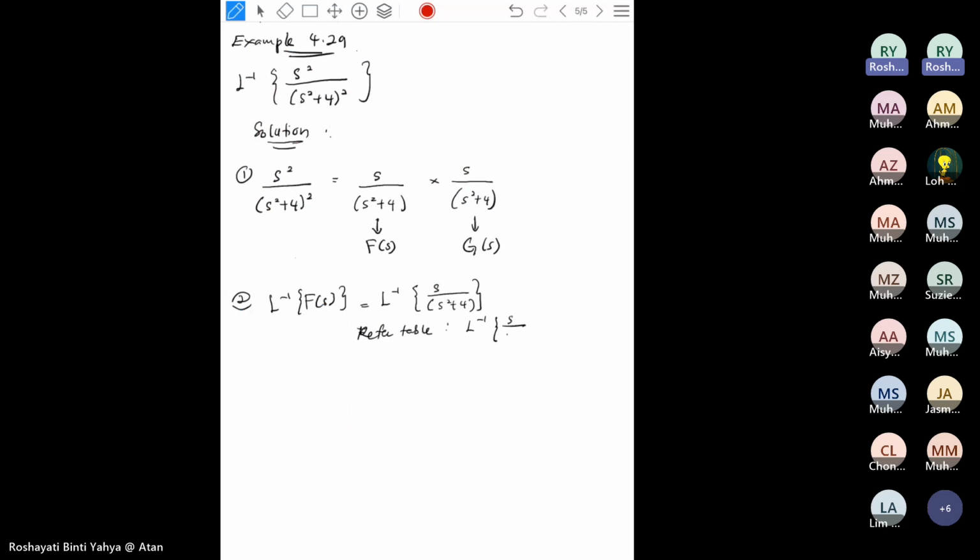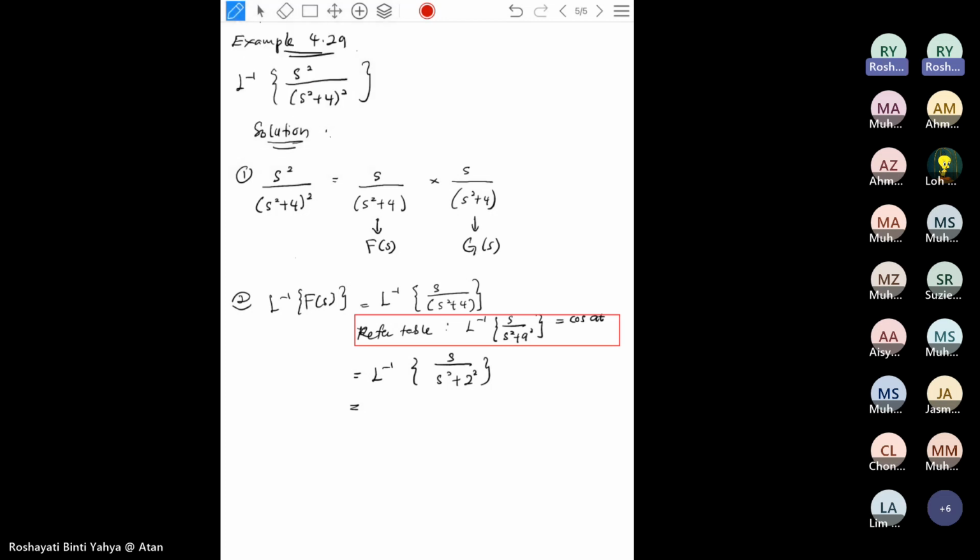Inverse Laplace of S over S squared plus A squared equal to cos At. So equal to cos, your A is 2 squared.